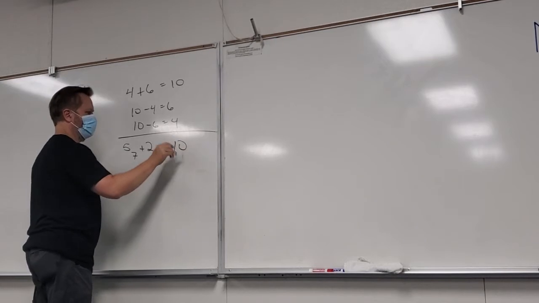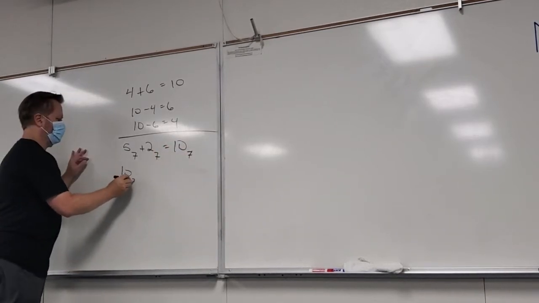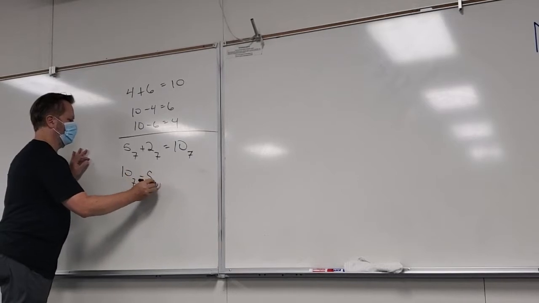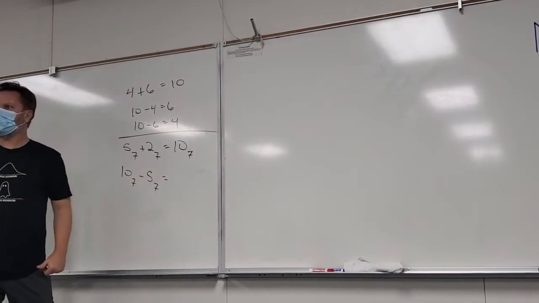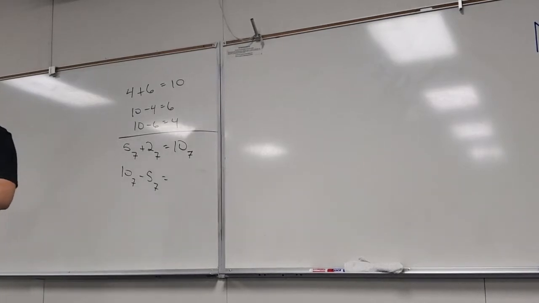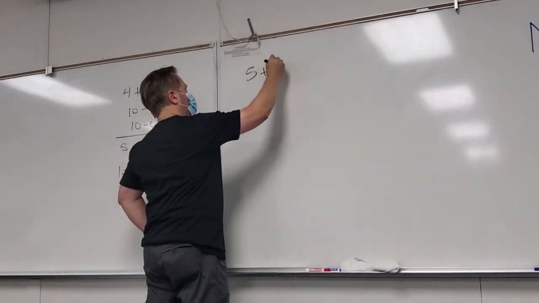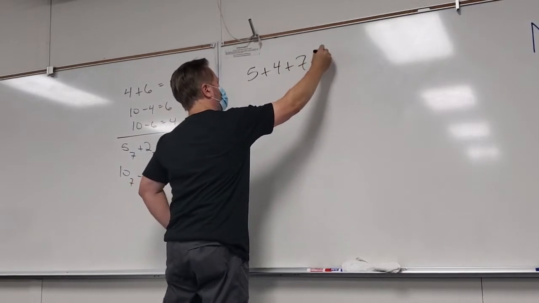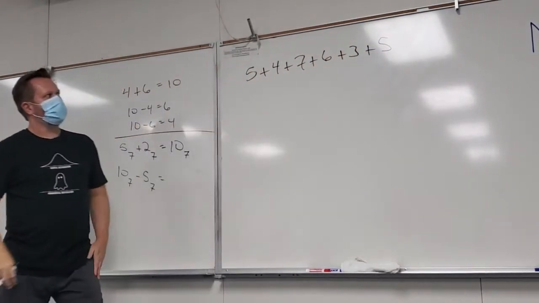So maybe we would still call it 10, we don't know. Which means 10 base 7 minus 5 base 7 is 2 base 7. That's the kind of thing they're talking about on that problem. Is that cool? Because that leads to, if I ask you to do this addition, does anyone see a really quick way to do that?